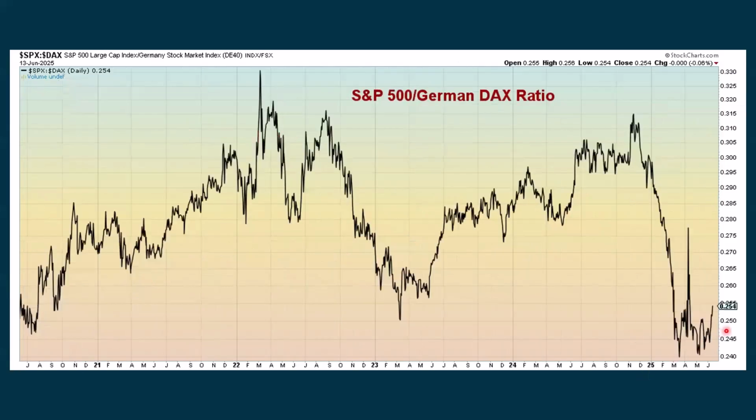And we have been seeing an improvement with the ratio. When we look at U.S. stocks versus German stocks, we've been coming up with this overall ratio, but we had been declining going back right to the beginning of 2025. This is when this ratio was going down, meaning German stocks were outperforming, and we started to go up, then we come back down, and we're just kind of range bound currently.